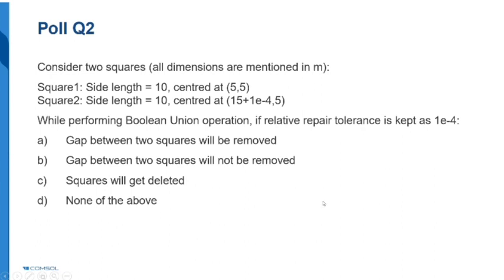Please read carefully: two squares, 10 meter side length each, the gap between them is 1e-4, and the relative repair tolerance is also 1e-4. What is going to happen then? I will launch the poll question.